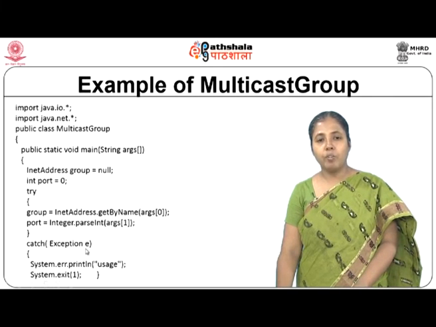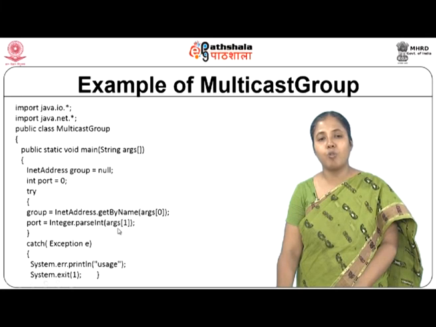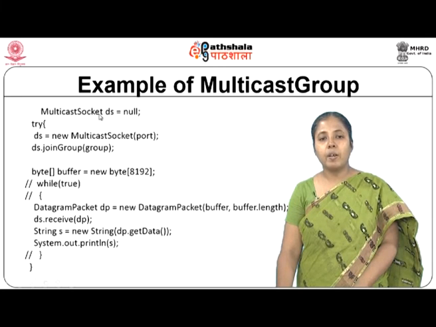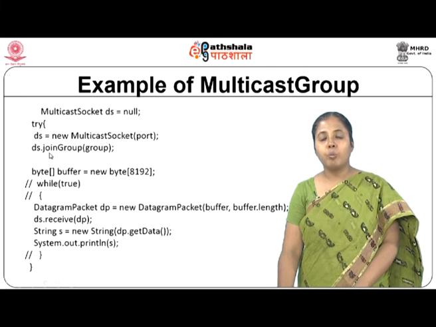Here you have what I have explained. The InetAddress is taken from the command line as args[0] and the port number is taken from the command line as args[1]. So, you create a multicast socket, and then you make a statement called joinGroup.